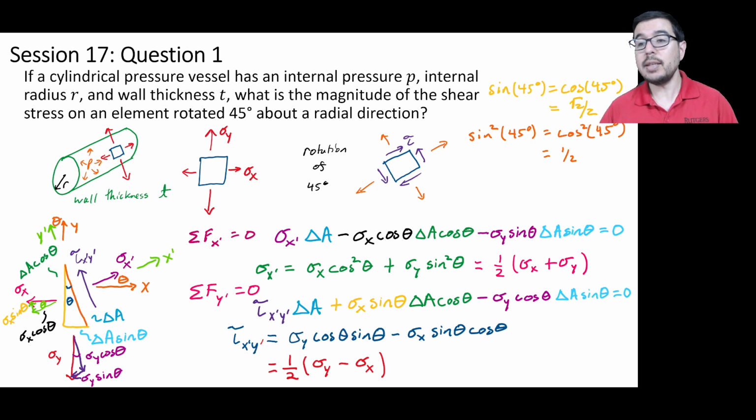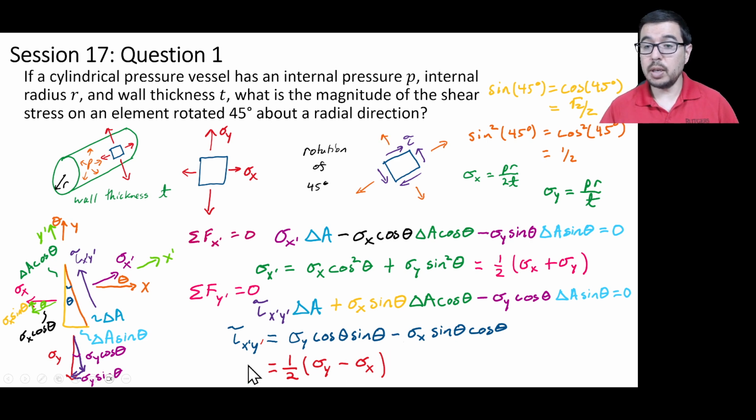Lest we forget what sigma x and sigma y are for a thin-walled cylindrical pressure vessel, we can write sigma x is equal to PR over 2t. That's the longitudinal stress, and then the hoop stress is going to be twice that. So it's just going to be PR over t. Okay? And so if the question asks us to find the magnitude of the shear stress on an element rotated 45 degrees about a radial direction, what do we have?